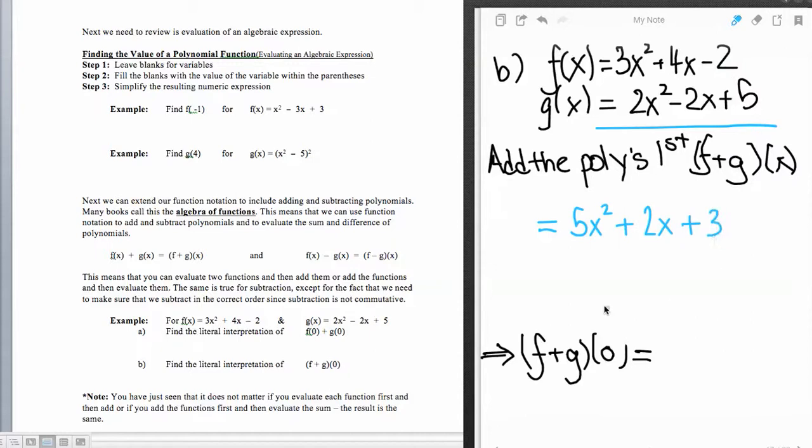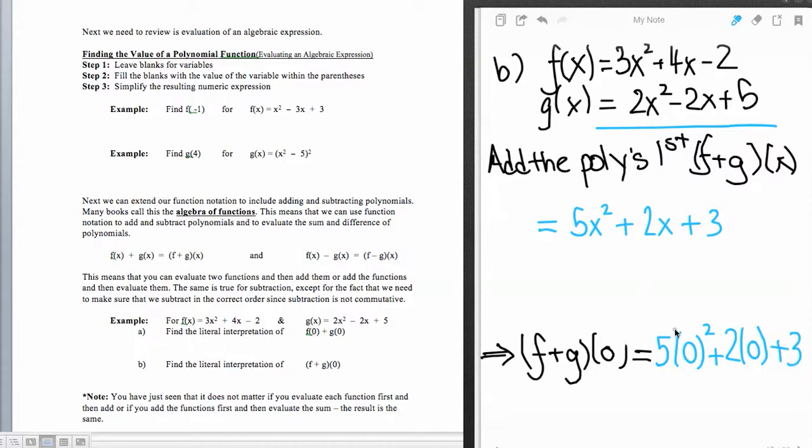Now that I have f plus g of x in general, now I can evaluate f plus g of x at 0. So this says 5 times 0 squared plus 2 times 0, and then plus 3.